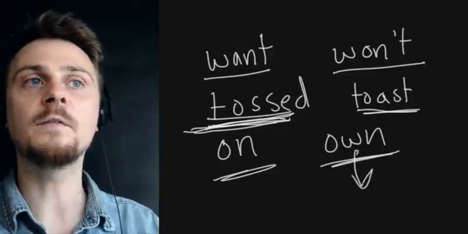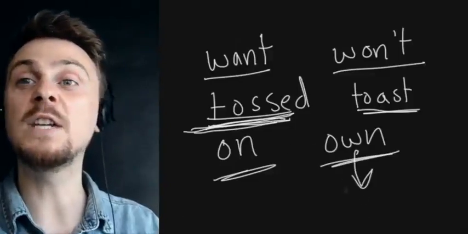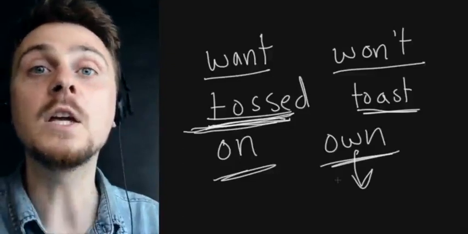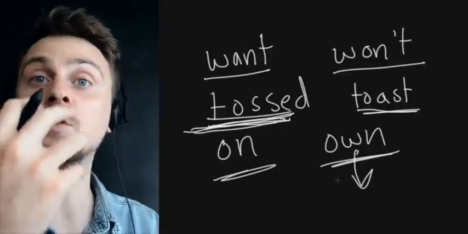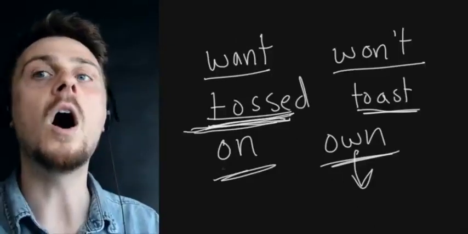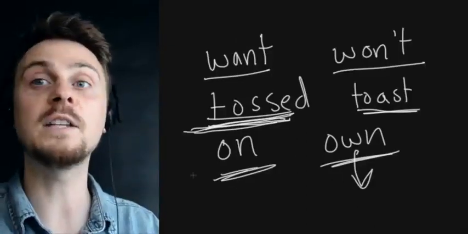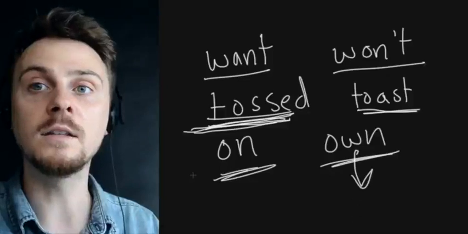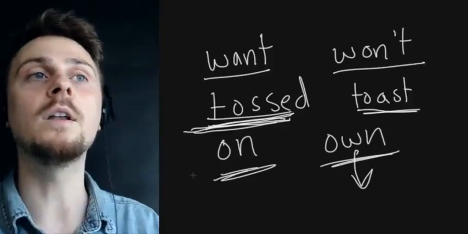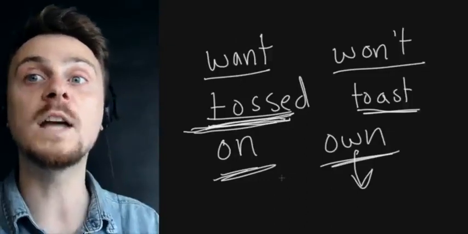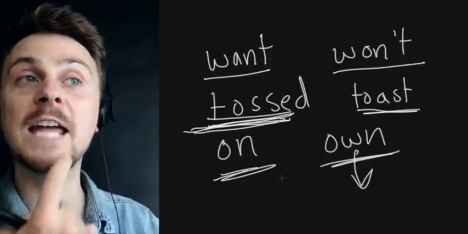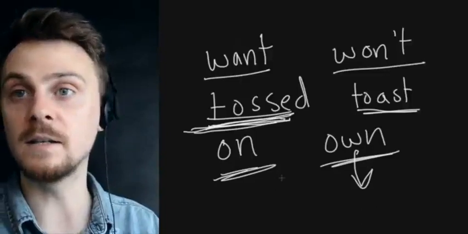And this one, the only thing that's different between these two is that you need to make, as we know, the W sound, where your mouth actually moves a little bit. On, very simple straight sound, n. This one, own, so first make the O sound with the W at the end, O plus n.